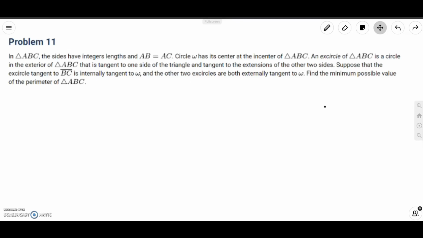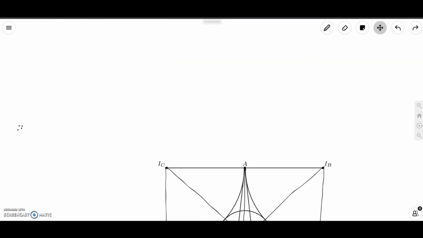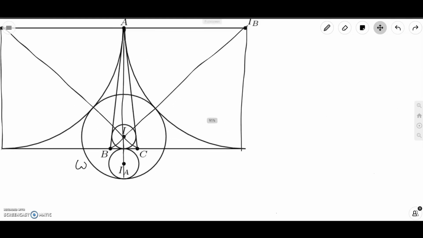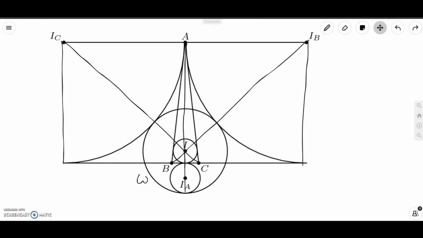So the key to these problems, of course, is drawing a very precise diagram, and I've drawn a diagram with a couple of useful lines down here. As you can see, we have triangle ABC in the center, and we have the three X circles, IA, IC, and IB, surrounding the triangle, tangent to sides BC, AB, and AC, respectively.